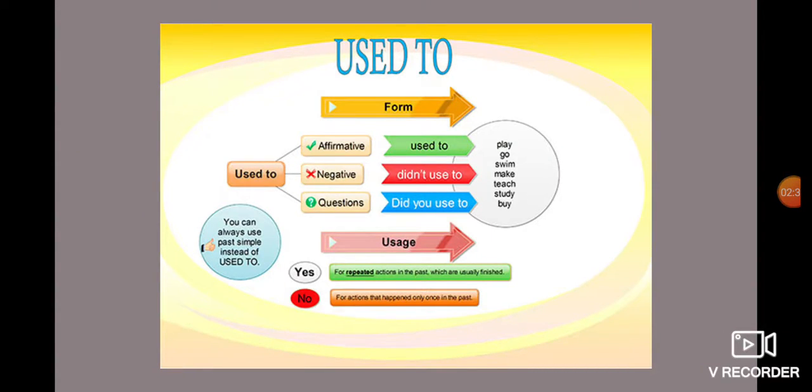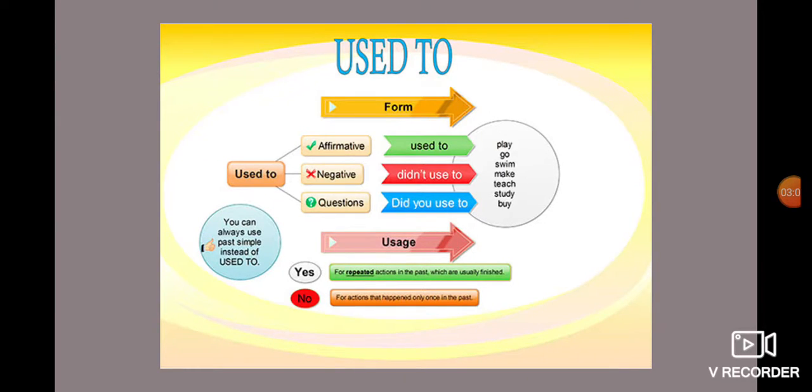So let's see. We have this structure in this graph for understanding better. We have the different forms: used to in affirmative, in negative, and also in questions. Affirmative: used to play, used to go, used to swim, used to make. Negative: didn't use to play, didn't use to go, didn't use to buy, didn't use to teach.